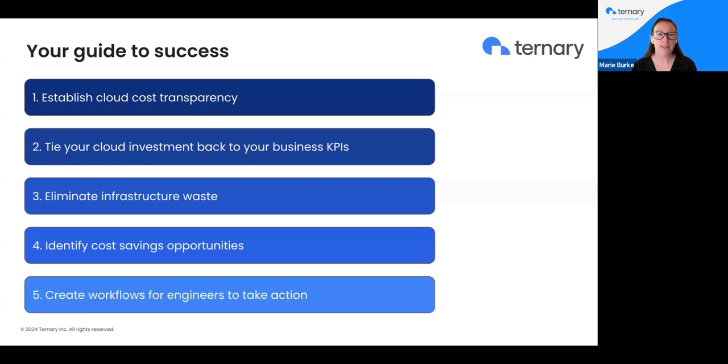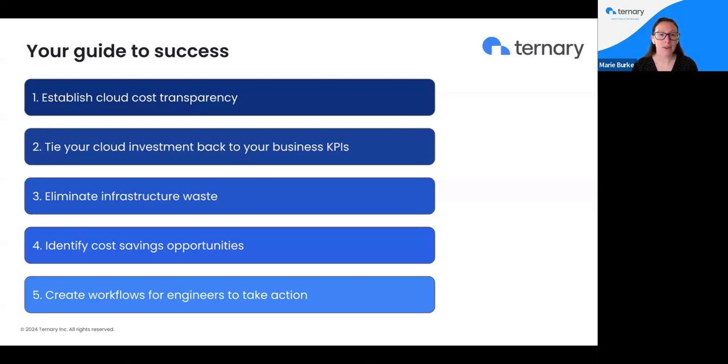And then we're going to wrap things up with getting engineers to take action. And so if you are an engineer on this call, please don't take offense to that. This has been something that's been a key priority on the State of FinOps report for quite some time now. But really, again, going back to the key principles of FinOps, everyone taking ownership for their spend and usage.